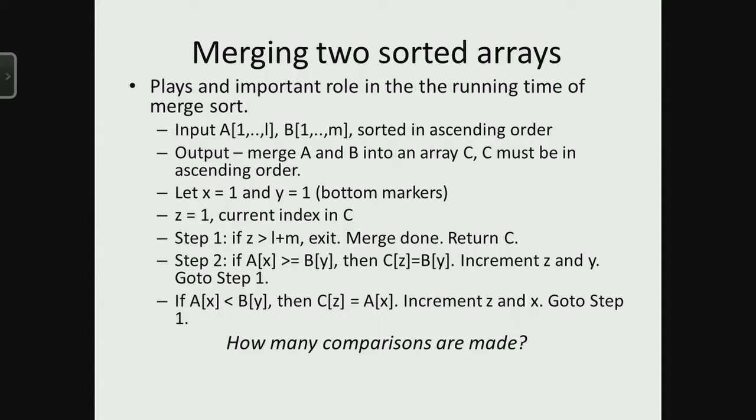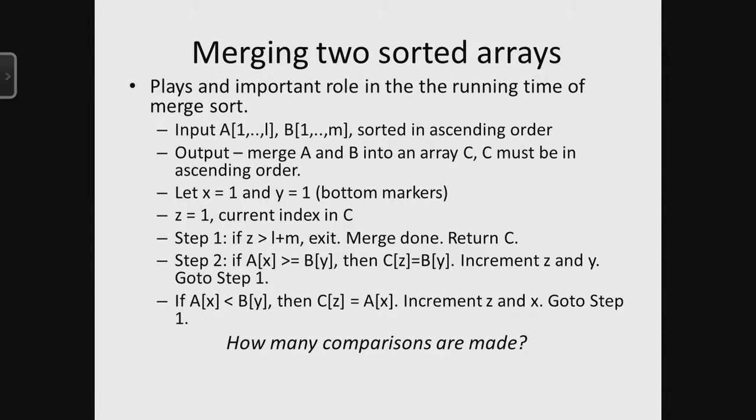Z is then incremented, and depending on whether the smaller element came from A or B, the index x or y is incremented.